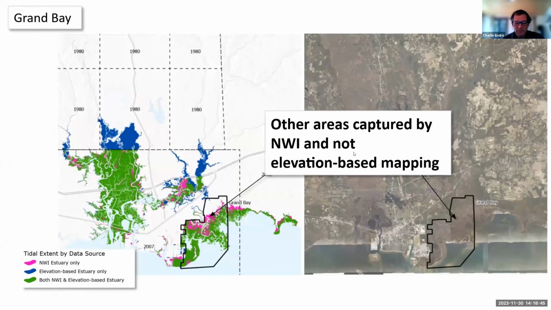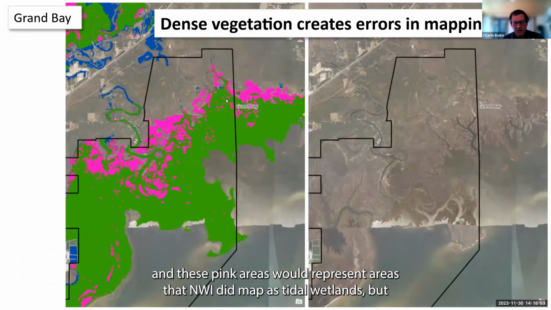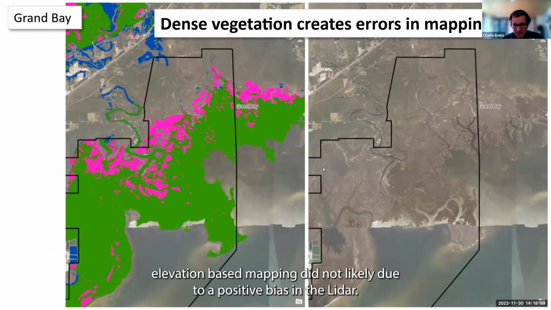But there's another example down here in the lower part of the bay, in Grand Bay, where we can see the pink, and these pink areas would represent areas that NWI did map as tidal wetlands, but elevation-based mapping did not, likely due to a positive bias in the LIDAR.